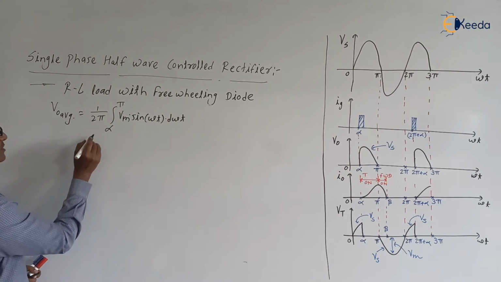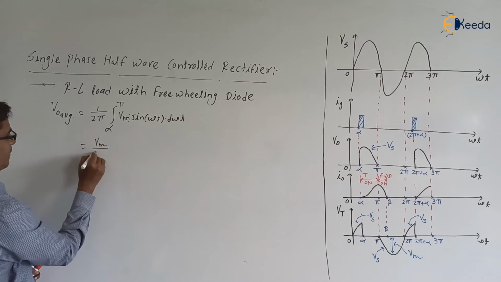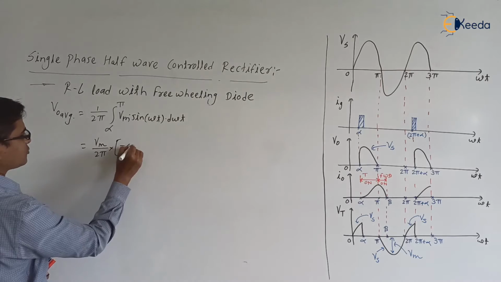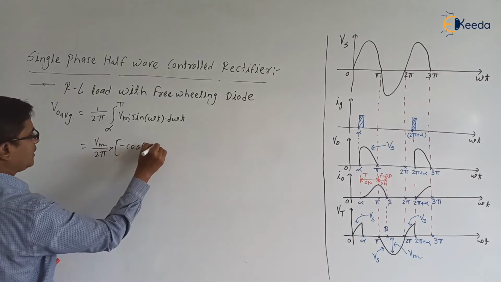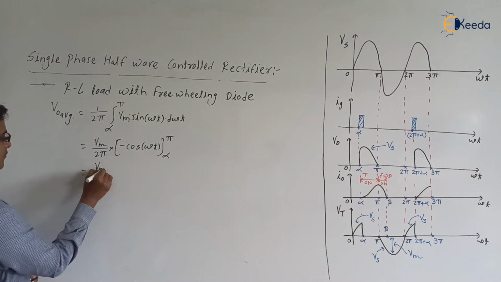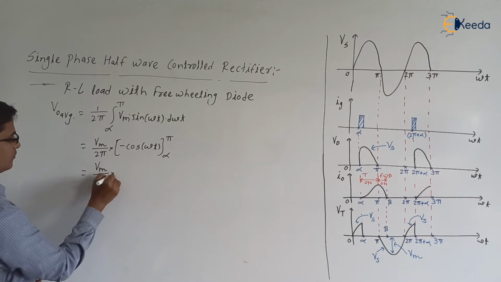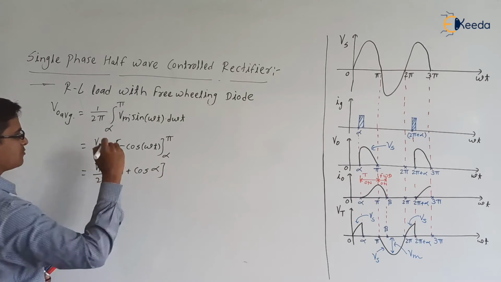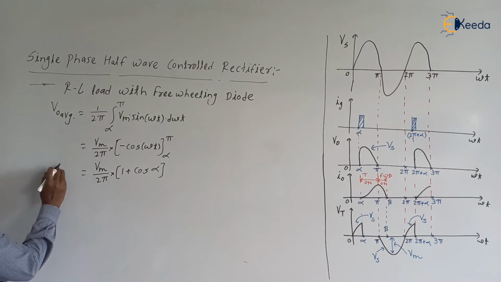We can write it as Vm by 2 pi into the integration of sine, which is minus cos of omega t, with limits alpha to pi. So we can write it as Vm by 2 pi into 1 plus cos alpha. This is V0 average.